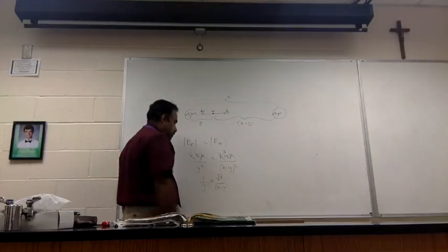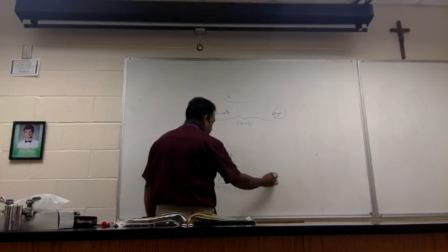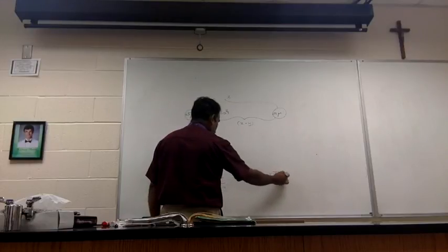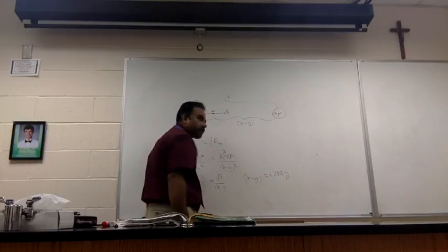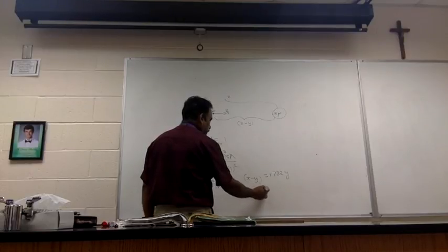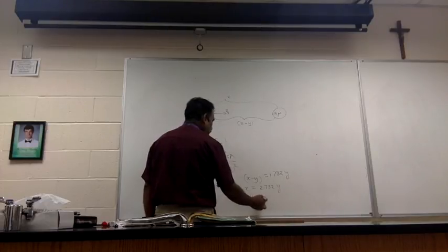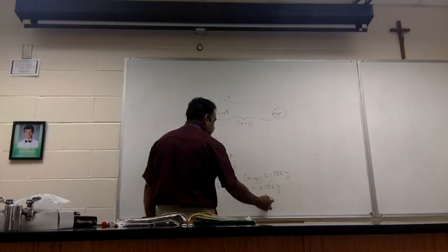So now cross multiply. So x minus y times 1 is equal to 1.732 y. So therefore x is equal to 2.732 y. So y will be equal to x over 2.732. What is 1 over 2.732?